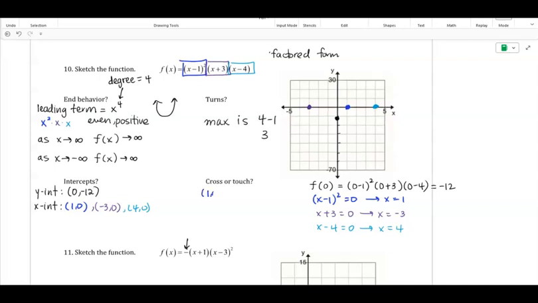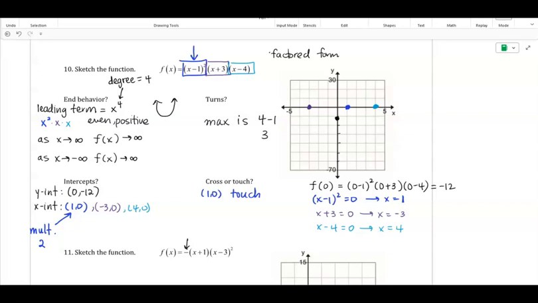At the point (1, 0), it's going to depend on what the multiplicity of 1 was. The zero of 1, the x-intercept of 1, came from the factor (x - 1) squared. It had even multiplicity, so this here has multiplicity 2. Because that is even, it is going to touch at the point (1, 0).